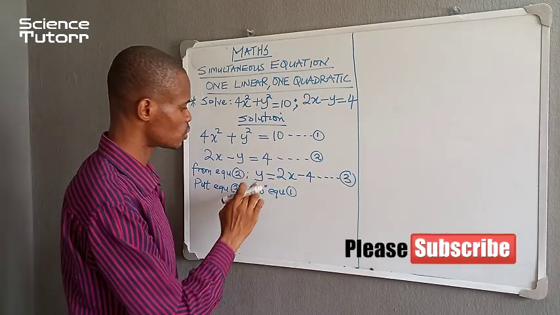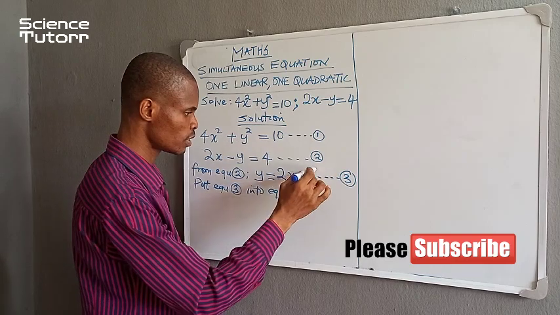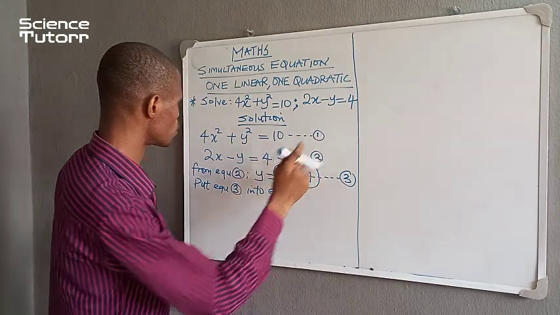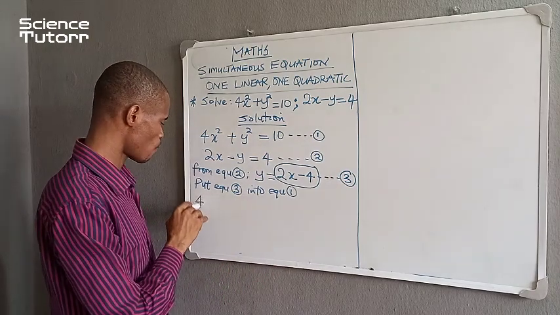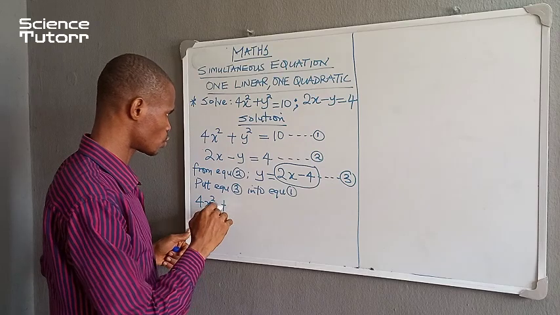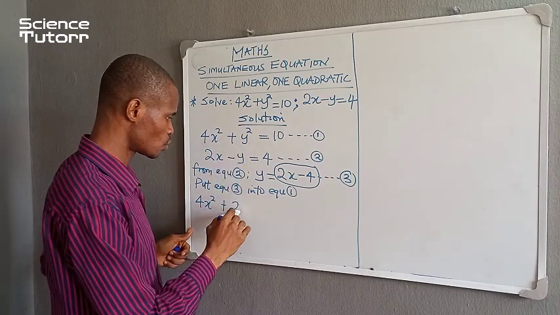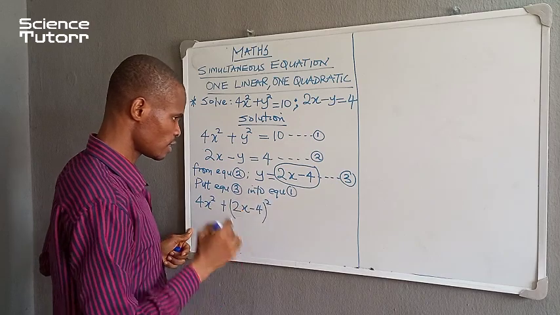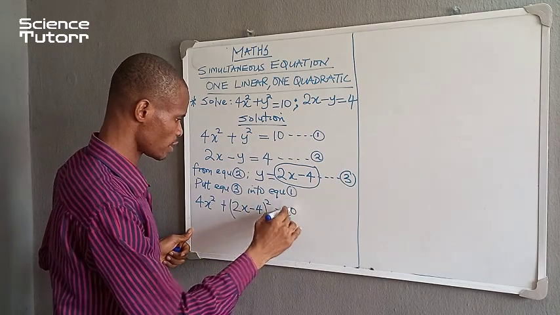Wherever I see y, I'm going to be putting 2x minus 4 into equation 1. So that makes 4x squared plus y represents 2x minus 4, and it is squared, equal to 10.